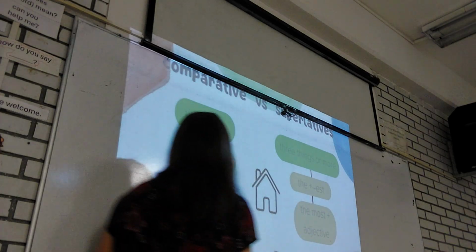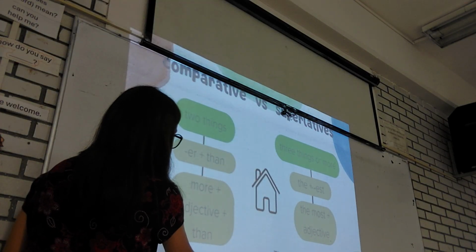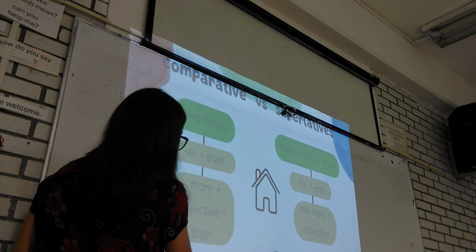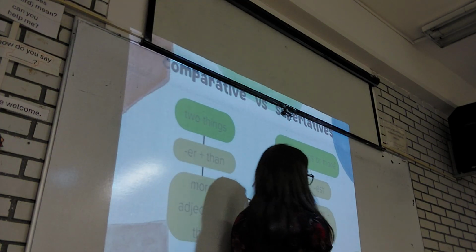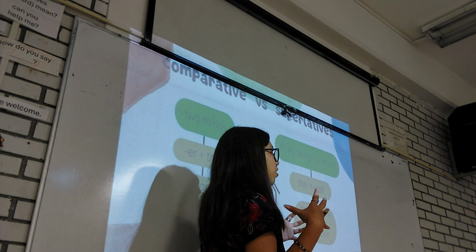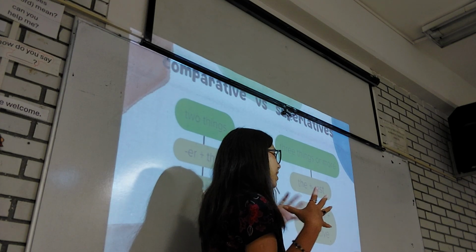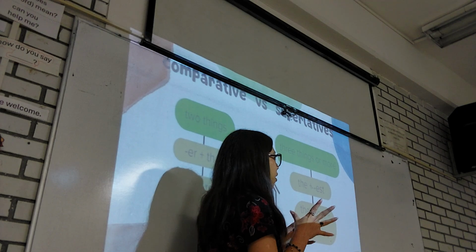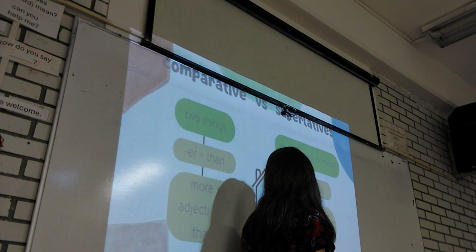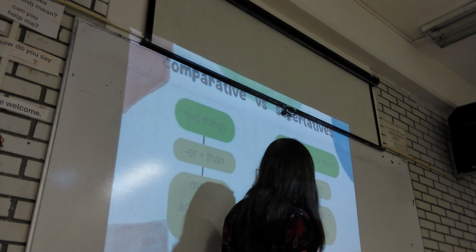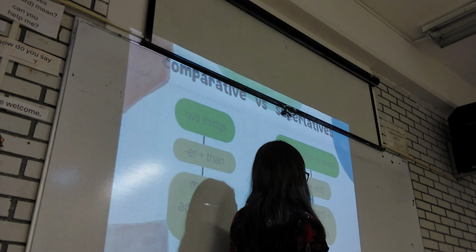So as you can see, it is the same adjective, but you change to st, since it is a comparison of a lot of things, a lot of houses. So this is the biggest house in the city.